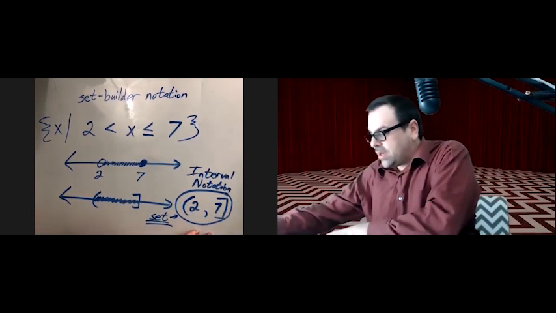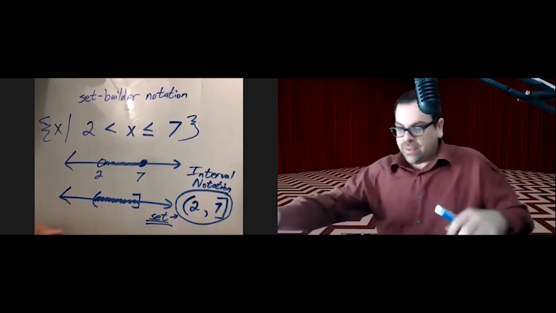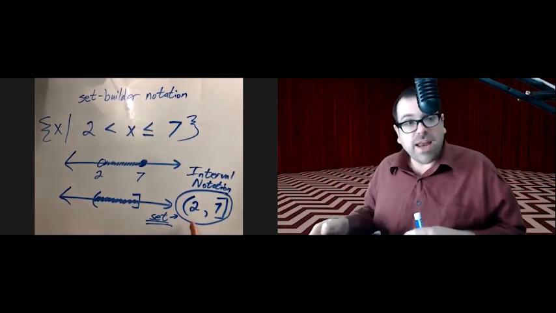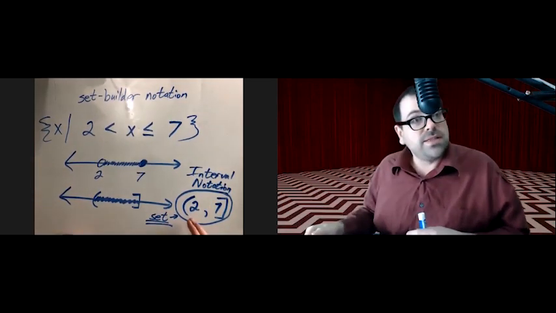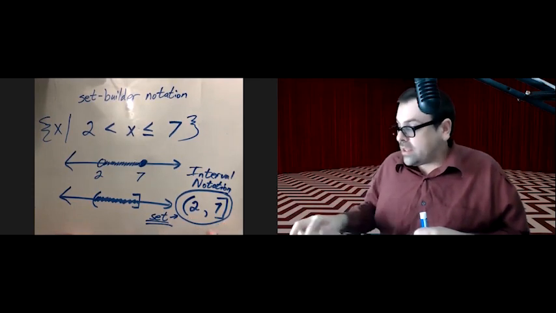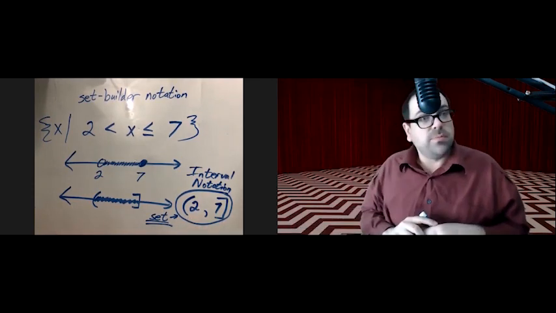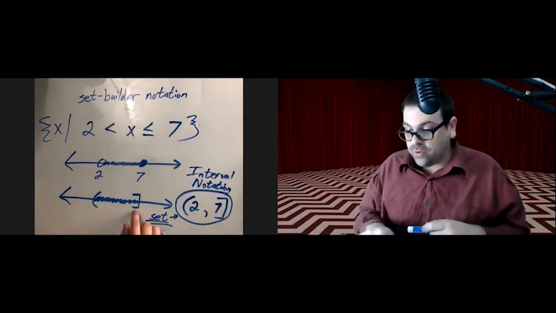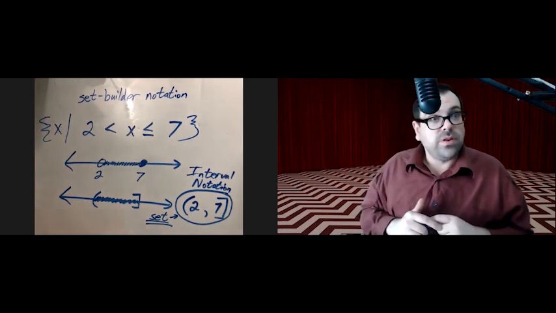It is a shortcut way of delivering this same information about a set with just endpoints. It gives the left endpoint, it gives the right endpoint, and then whether it's a parenthesis or a square bracket tells us if we include or don't include the endpoints.